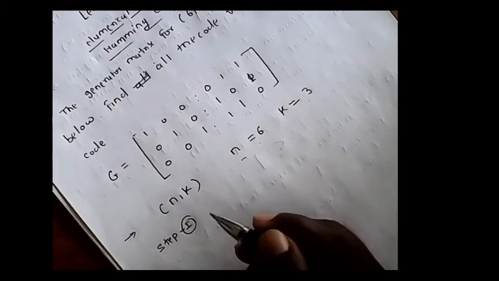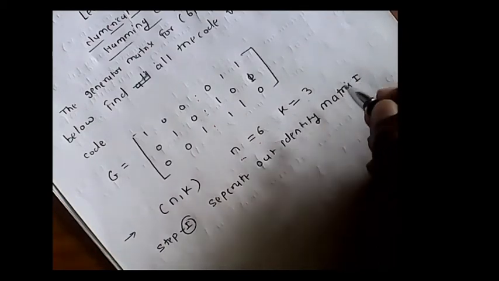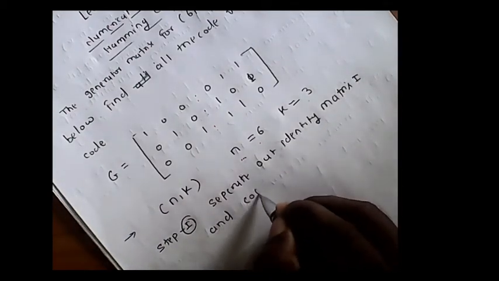So in step 1, first we separate out the identity matrix and parity matrix.